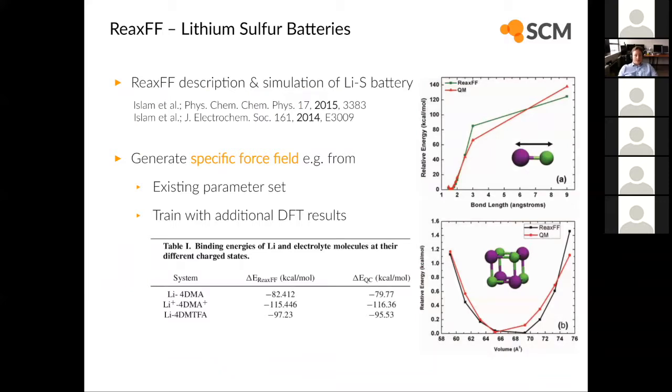And this is about batteries, and specifically about lithium-sulfur batteries. So as already said, in this project the researchers started by generating a specific force field for this kind of system.